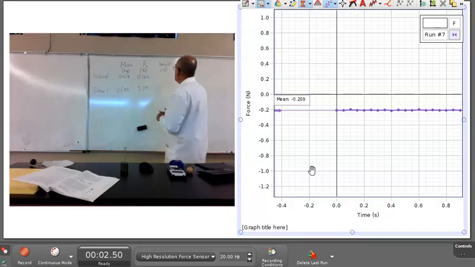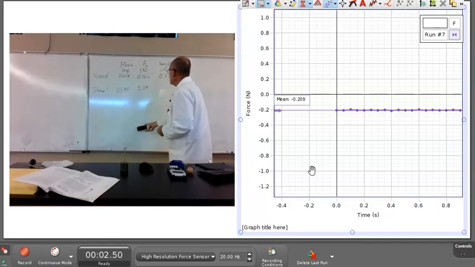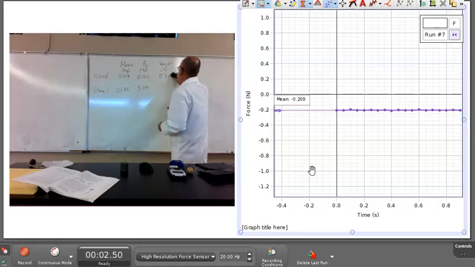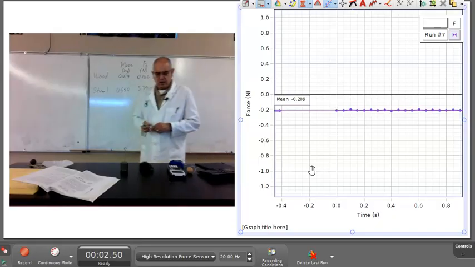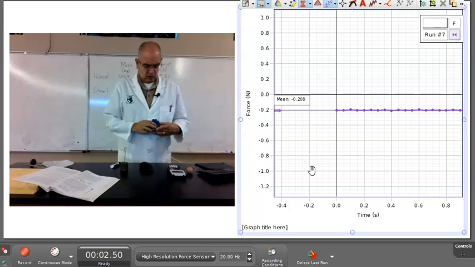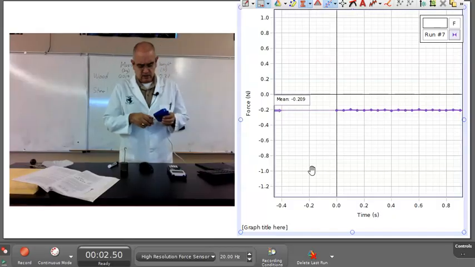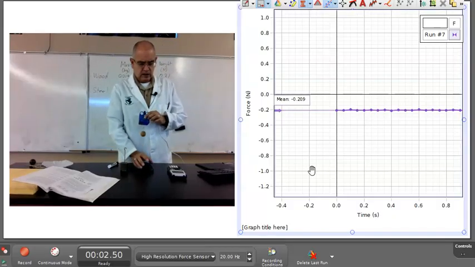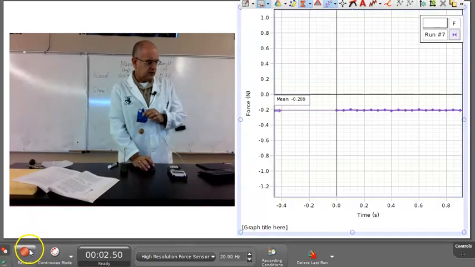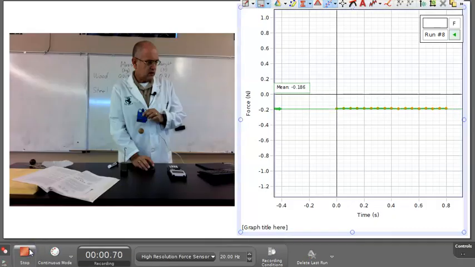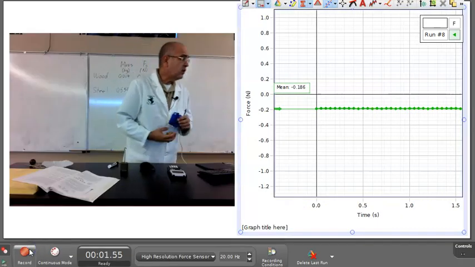So our force downward is 0.21 newtons. Not too bad, not as good as I want. So let me go ahead and repeat the experiment. I'm just going to zero the sensor again, put the weight on it, and then start recording for a couple seconds. And stop recording.